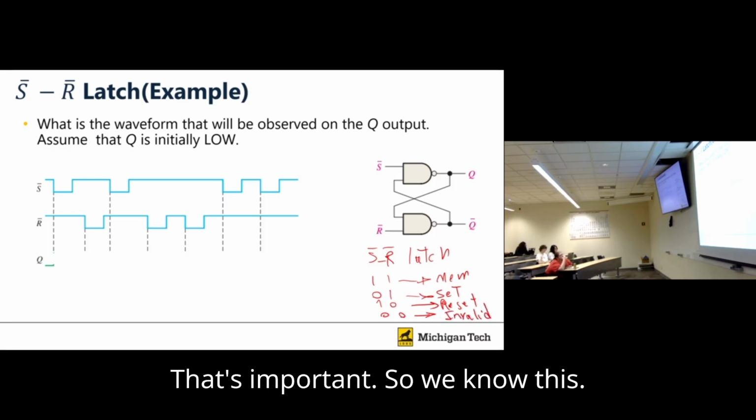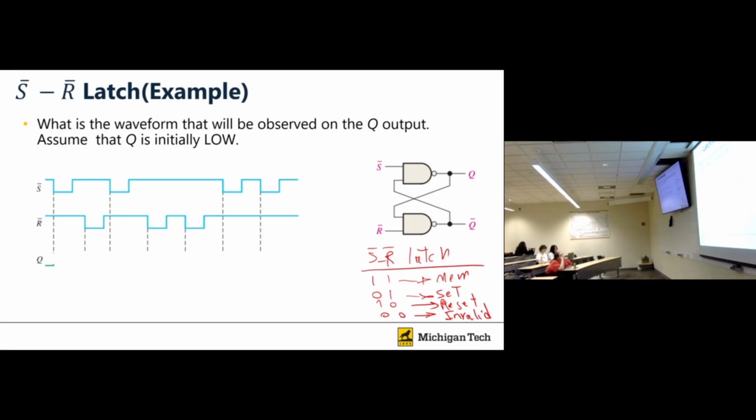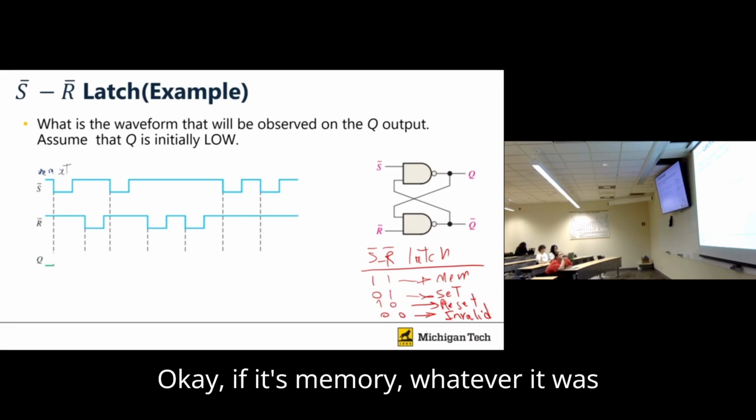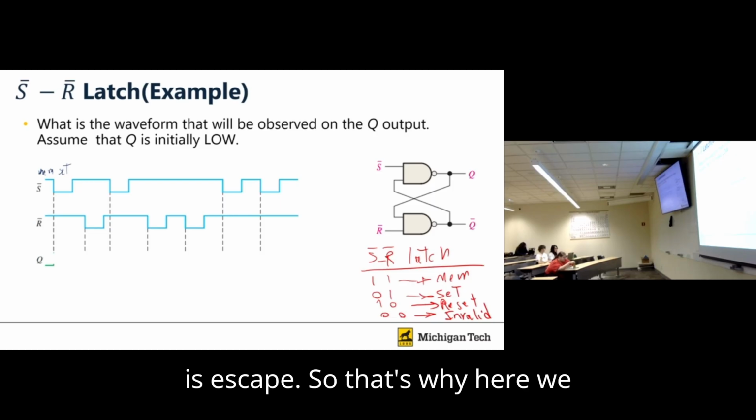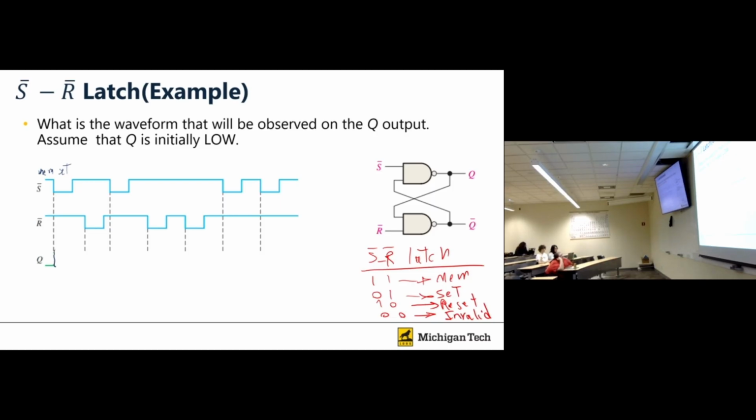That's important, so we know this. Now we are checking this. Here, 1, 1, so it is memory. Here is set. If it's memory, whatever it was is the state. So that's why here we have set. So it's going to get set.